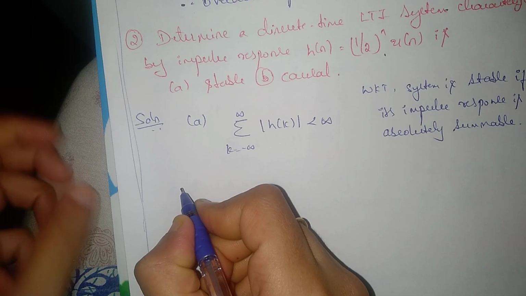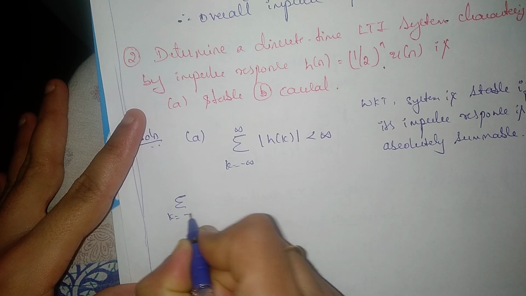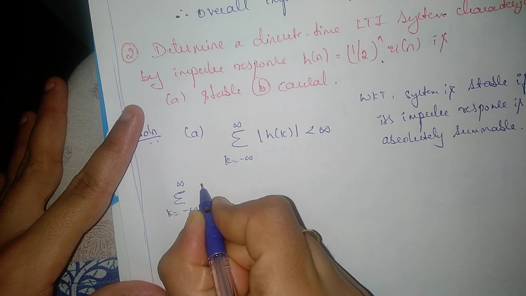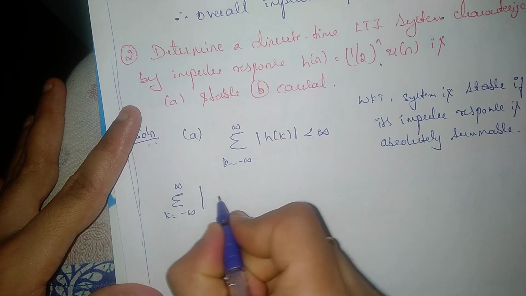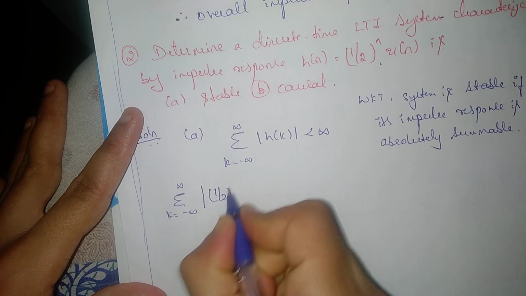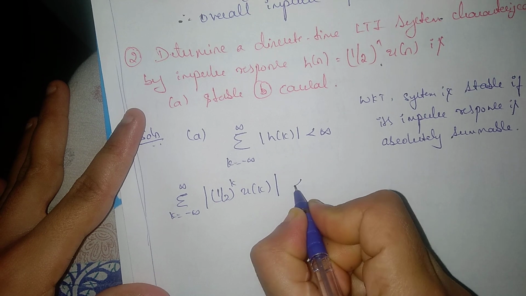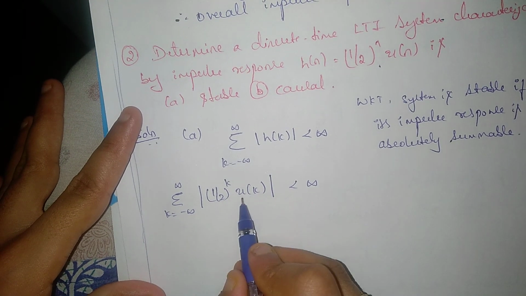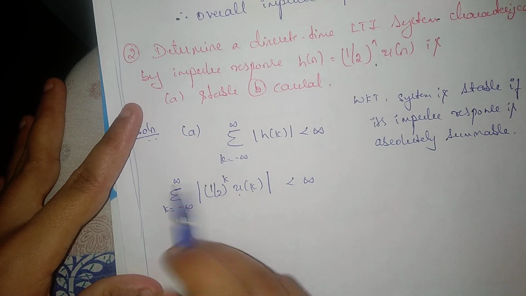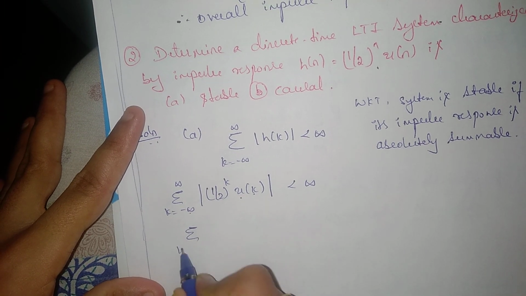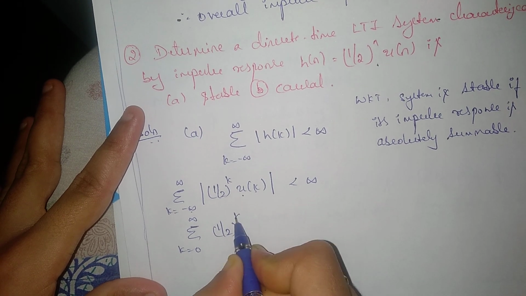I am substituting the value here, summation k equal to minus infinity to infinity, modulus of h of k means (1/2) to the power of k into u of k, that should be less than infinity. Since u of k is there, it is not between minus infinity to infinity, but between 0 to infinity. So I am removing this u of k.